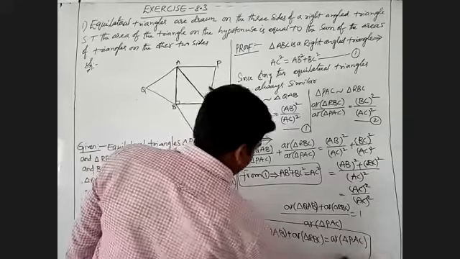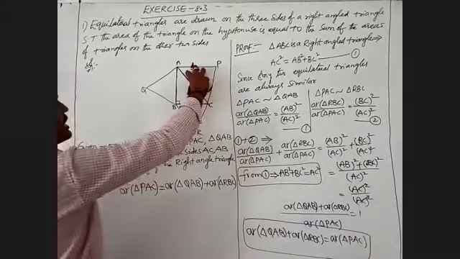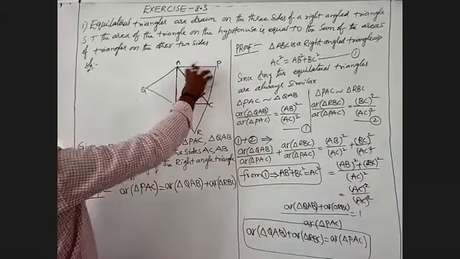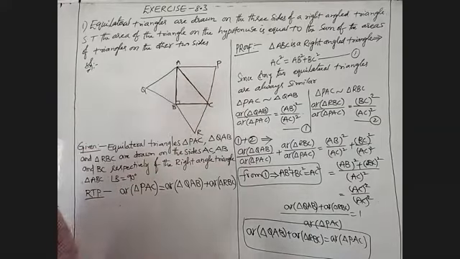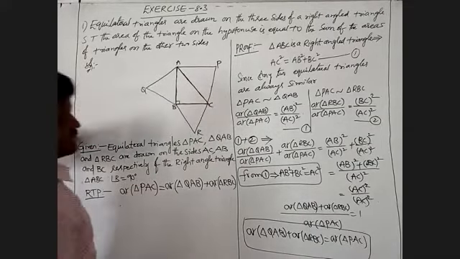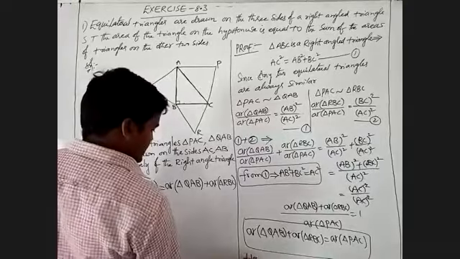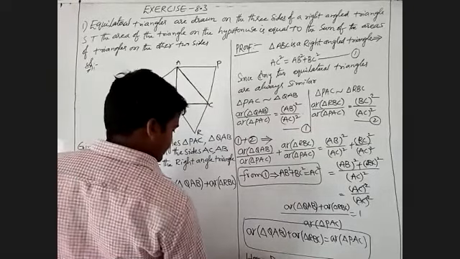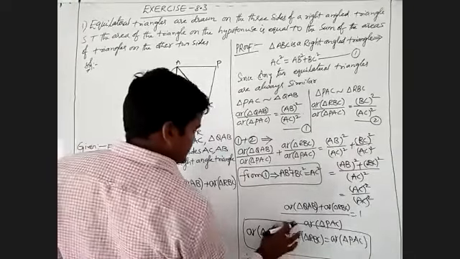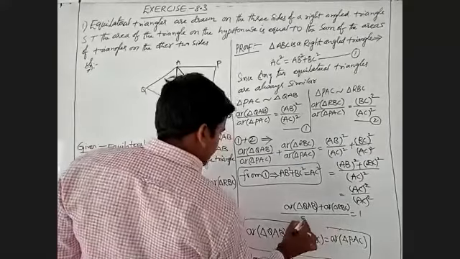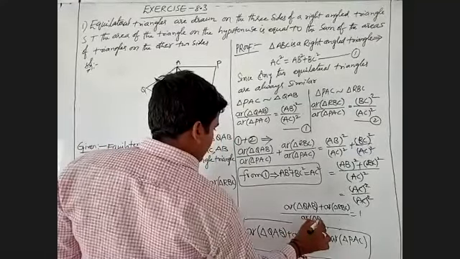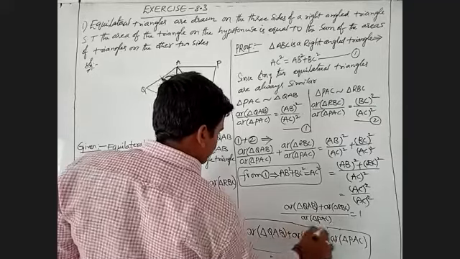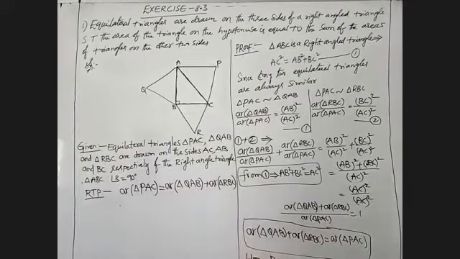The hypotenuse's area equals the remaining two areas, hence the theorem is proved, right? Hence proved. This is area of triangle PAC, right? This is most important for 4 marks.